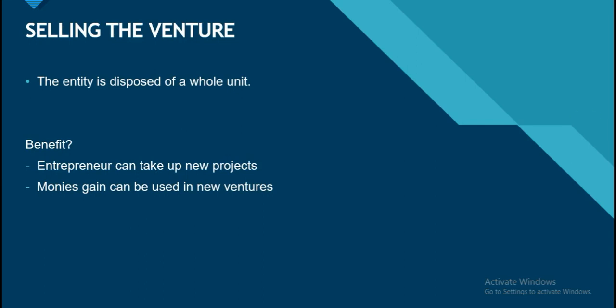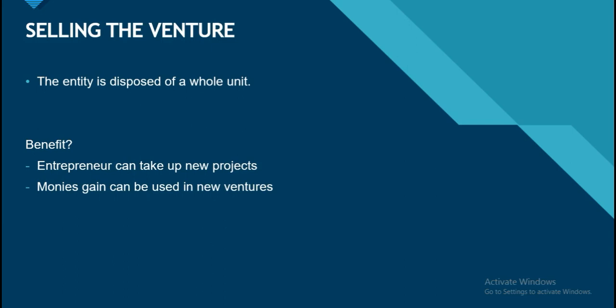Next, as a harvesting strategy, number 4, the entrepreneur has at your disposal the option to also sell the venture, and that means disposing of the venture as a unit.